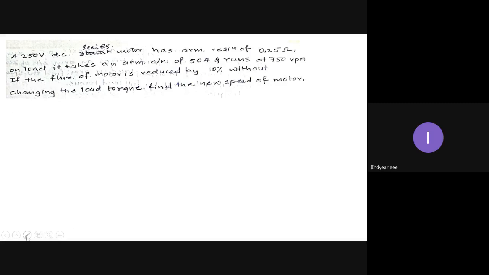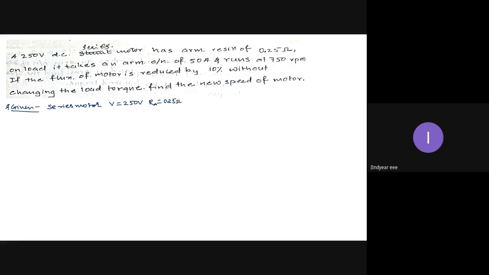First, we'll write the given things. Given: series motor with an applied voltage of 250 volts, armature resistance RA is equal to 0.25 ohms.